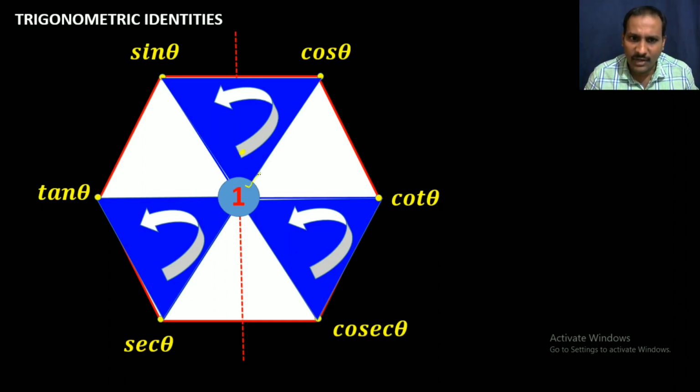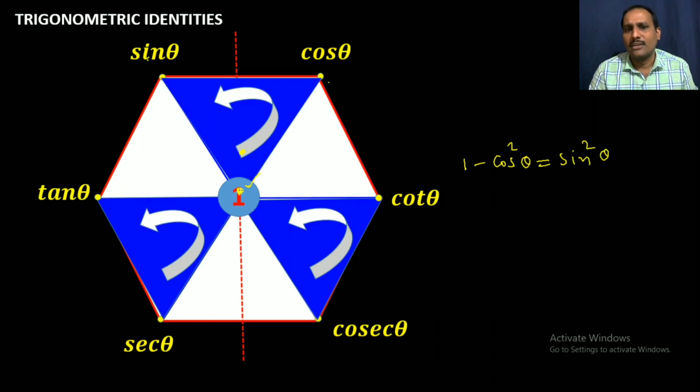That is from 1. 1 minus cos square theta is equal to sin square theta. So now we are starting from the bottom. Okay. So 1 minus cos square theta is equal to sin square theta.